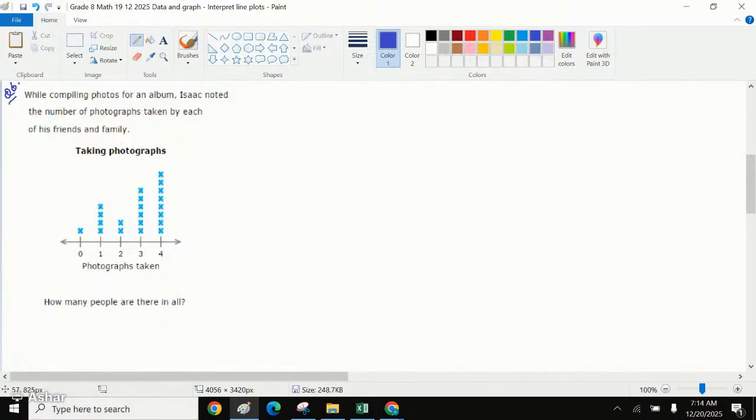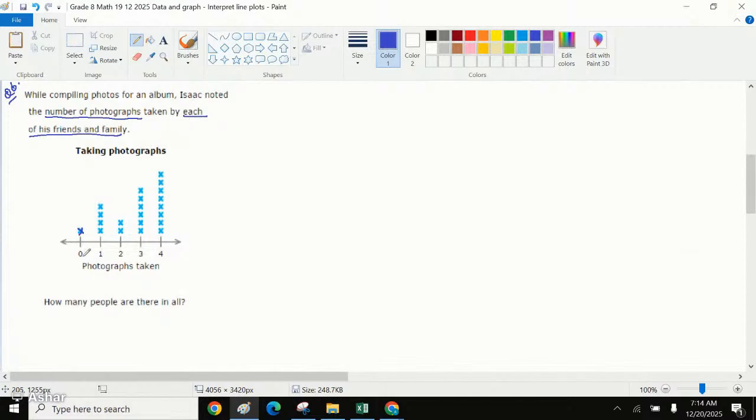While compiling photos for an album, Isaac noted the number of photographs taken by each of his friends and family.